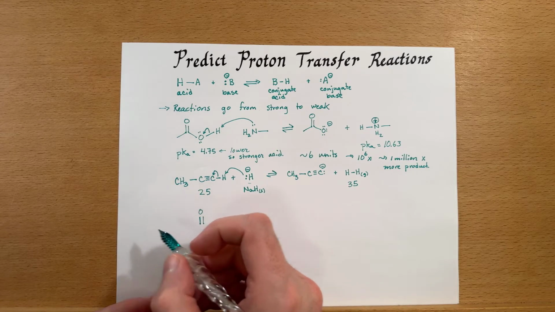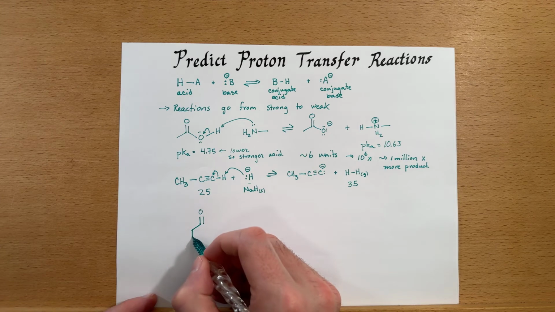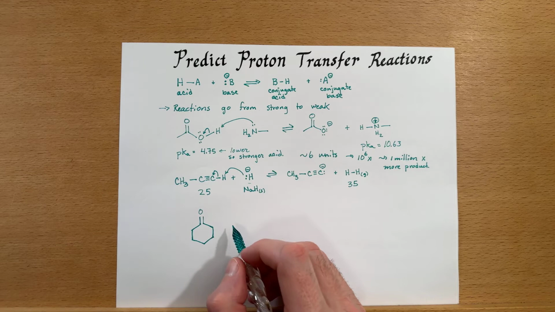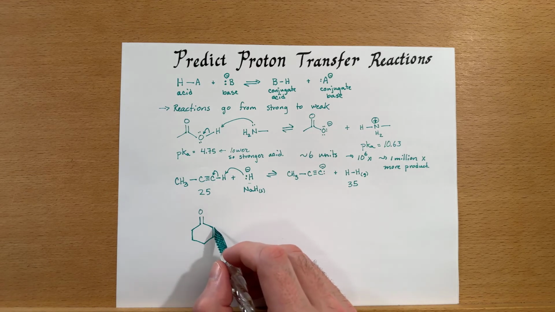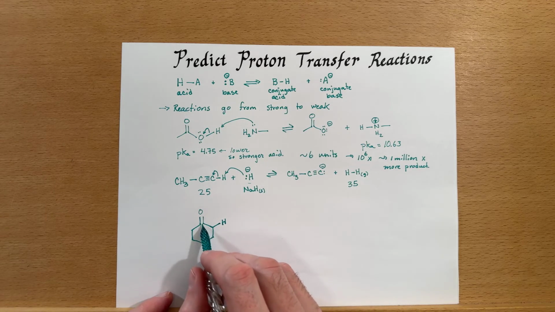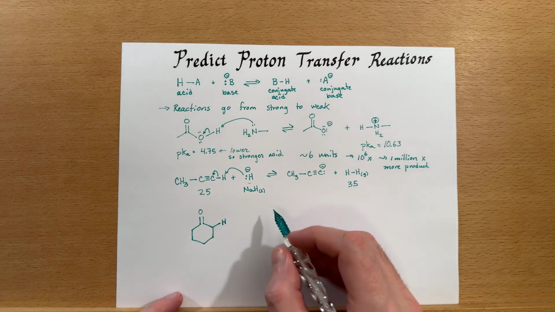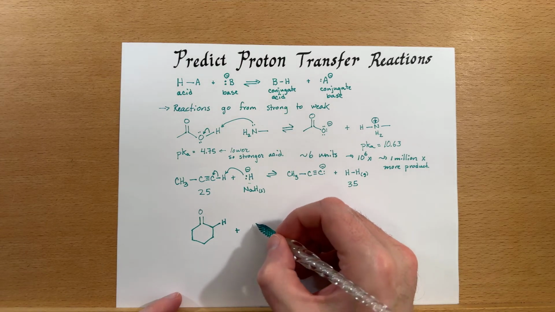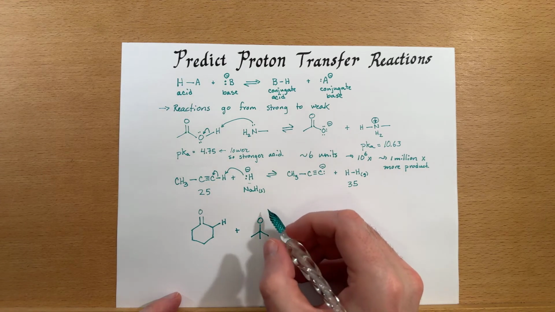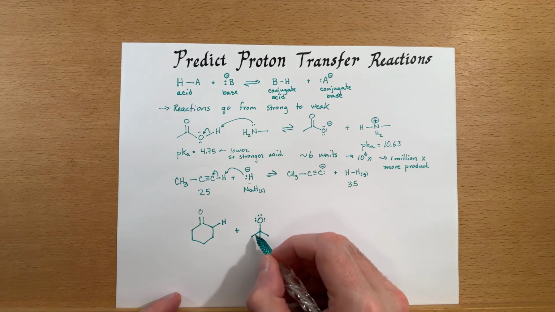Now let's look at one more example. So in this case, we're looking at an alpha hydrogen from a ketone. So those are hydrogens that are on the carbon that's next to this carbon double bonded to an oxygen. And let's add in an alkoxide base. So this is t-butoxide, because there's a t-butyl group on there.